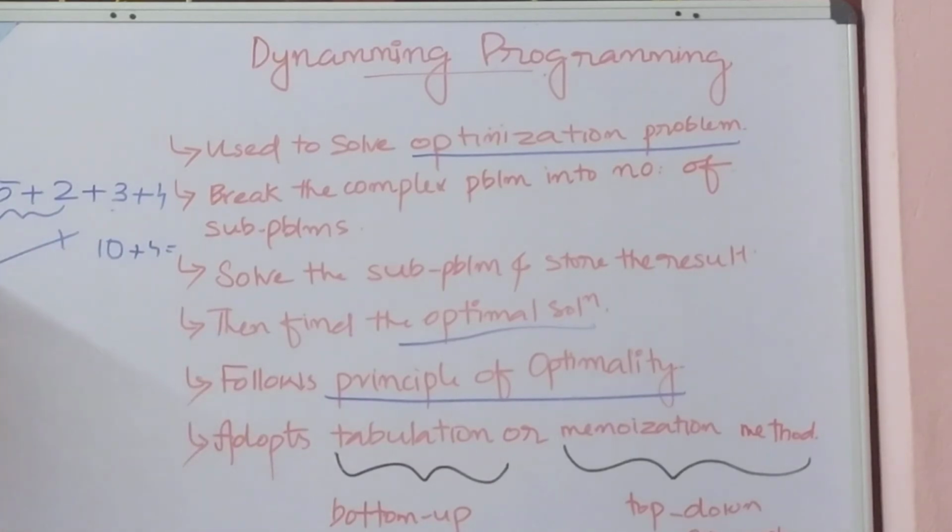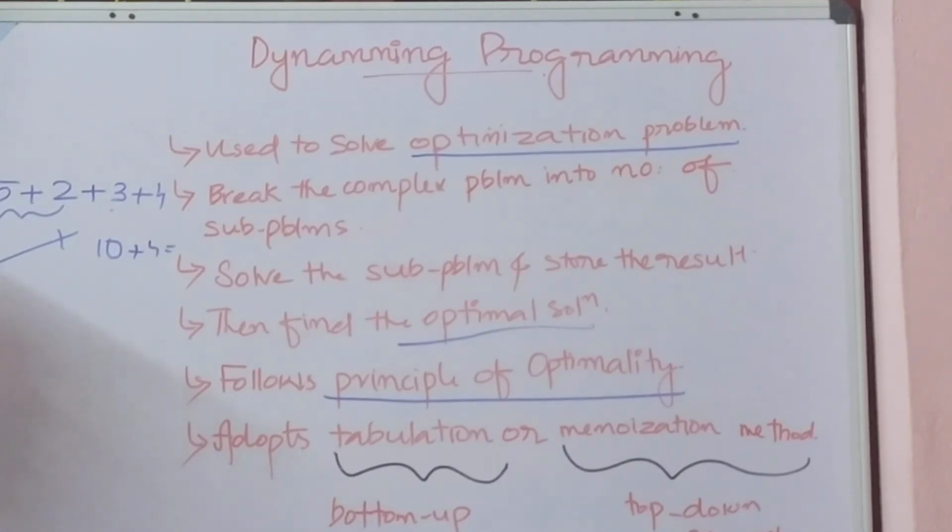So this is dynamic programming. That is, dynamic programming is mainly used to solve optimization problems by breaking down a complex problem into a number of sub-problems, solving them and storing the result of each sub-problem, and then finding the optimal solution of that problem.